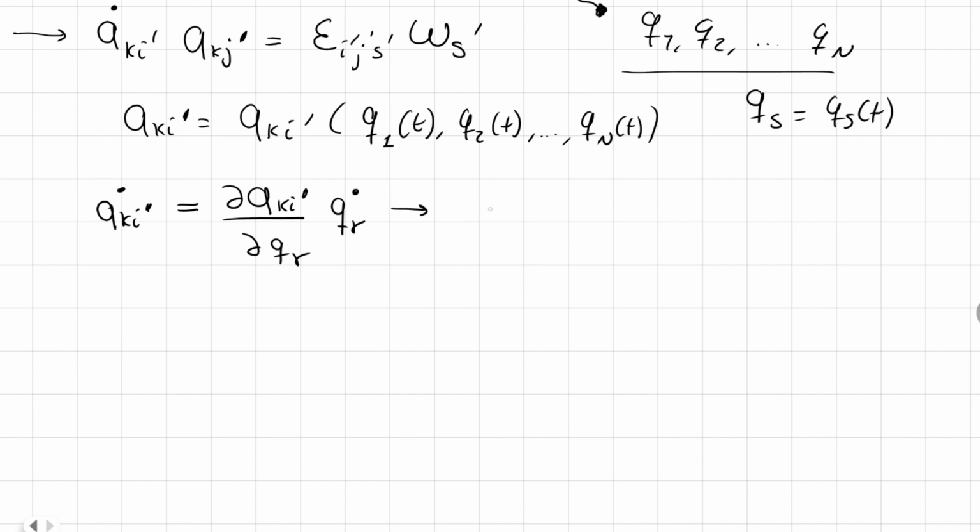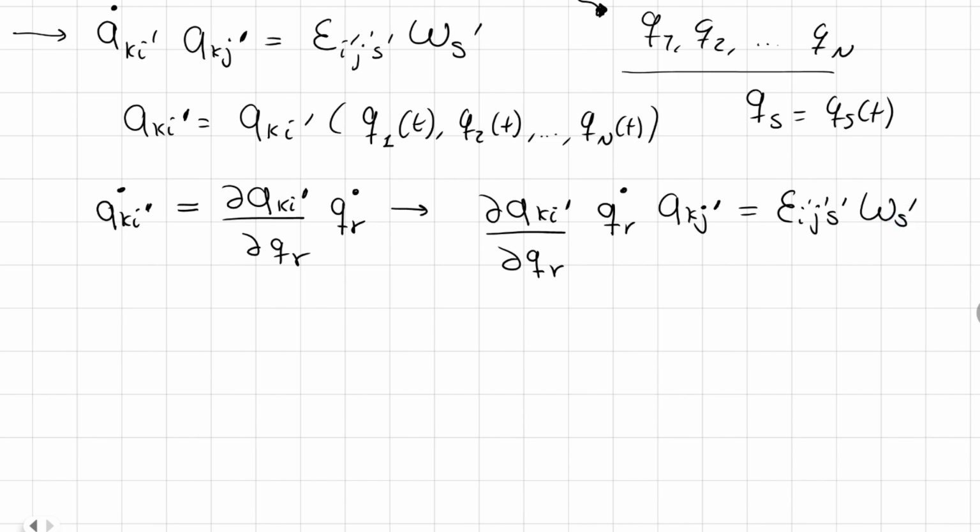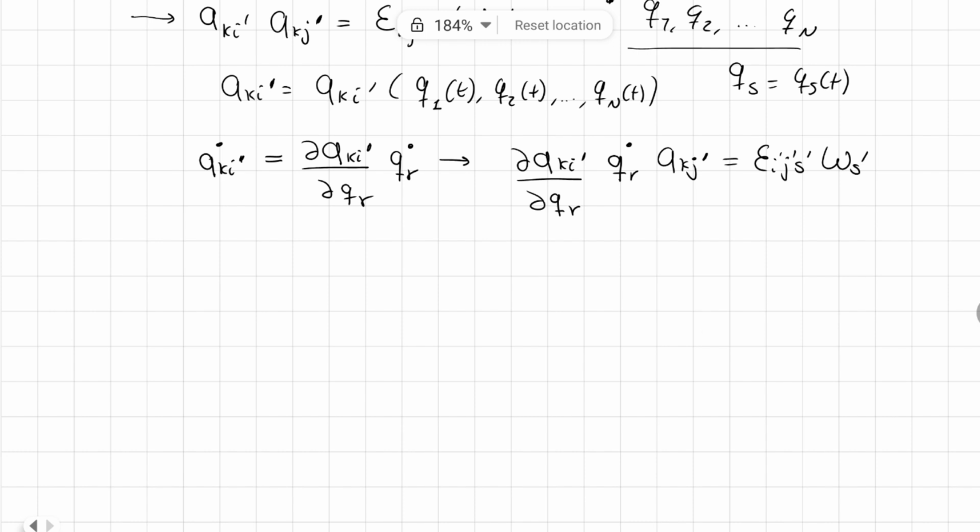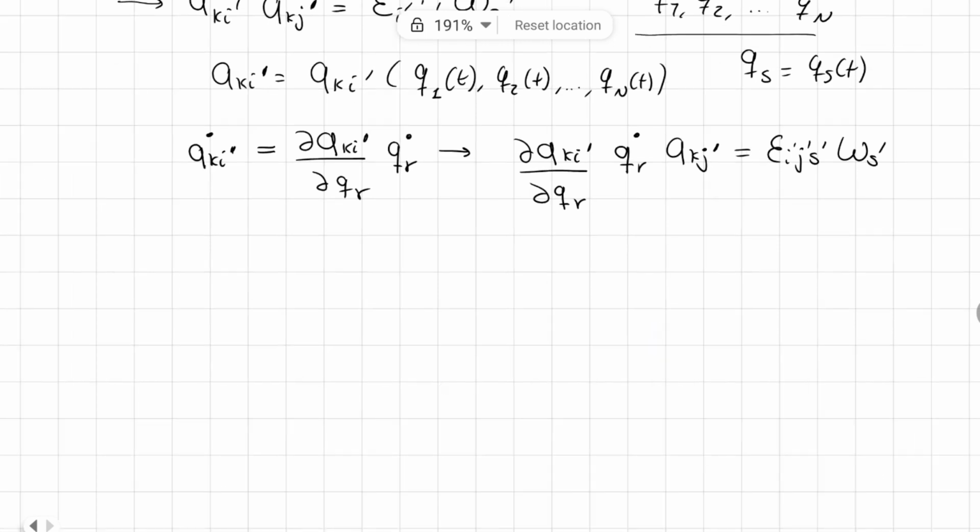We get that the partial of a_ki prime with respect to q_r times q_r dot times a_kj prime is equal to the Levi-Civita symbol epsilon_ijs omega_s prime. Okay, so we are going to manipulate this equation that we just found a little bit to find other expressions that will be useful. You'll see why later on.